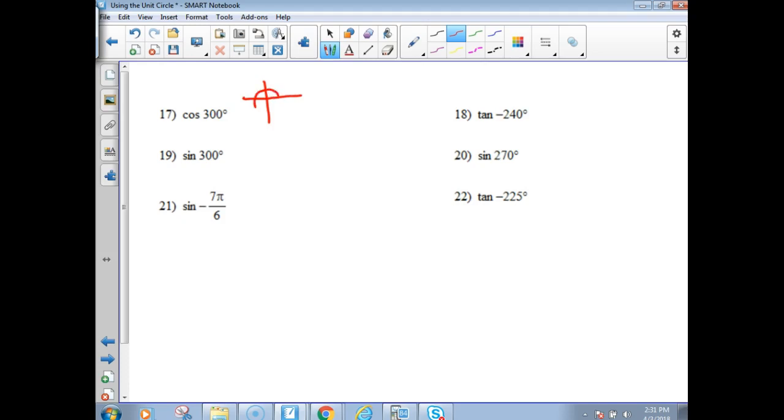You're going to have a 60-degree reference angle. You could draw yourself a 30, 60, 90 if you want. But you better know this is the 1 and this is negative square root of 3 here. So cosine's going to be 1/2.